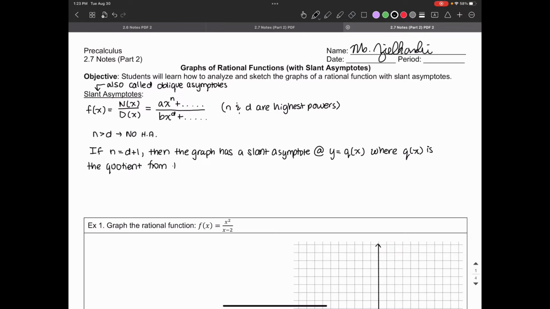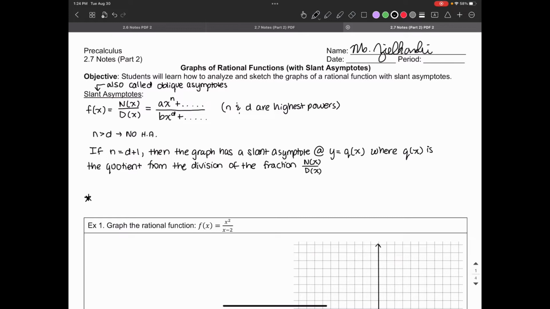So from the long division of the fraction that we have, n of x divided by d of x is what we're going to actually do.